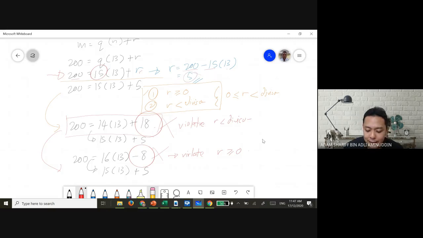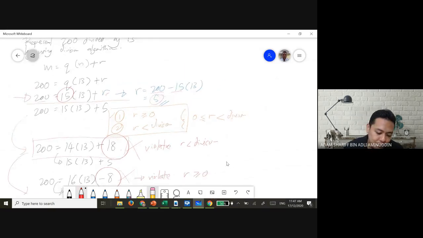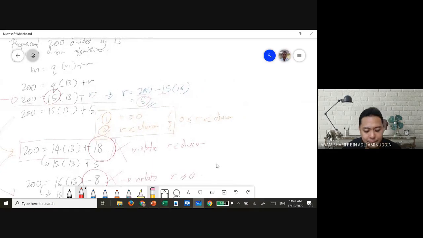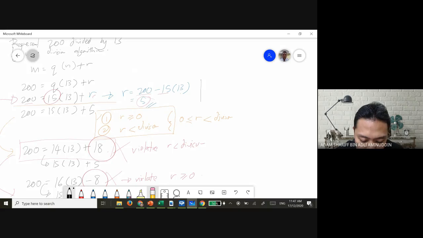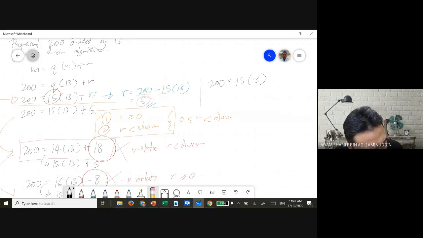Satu lagi cara yang Dr. Syam ajar saya dulu, okay, dia cakap macam ni. Ni saya cuba ingat balik cara dia. 200 bagi 13, dia dapat berapa?